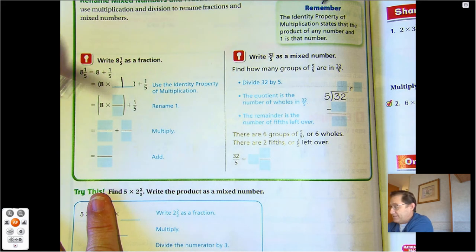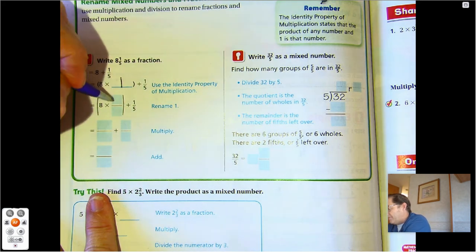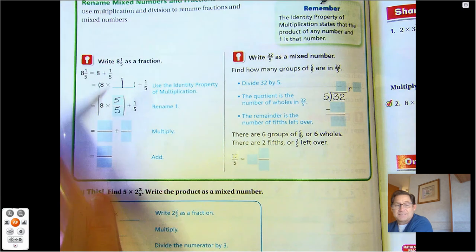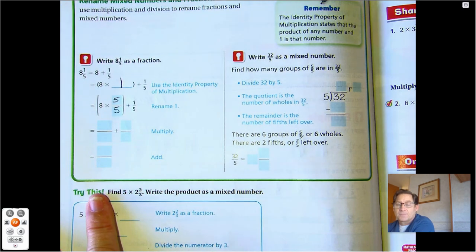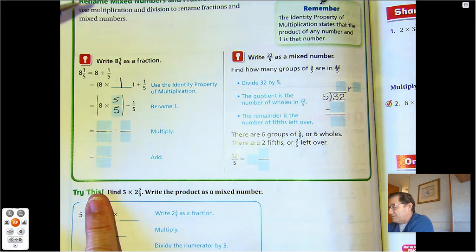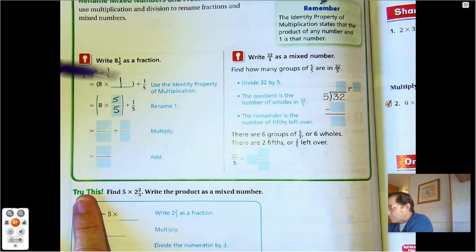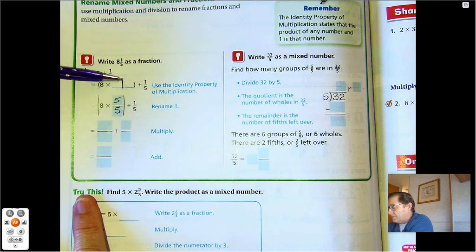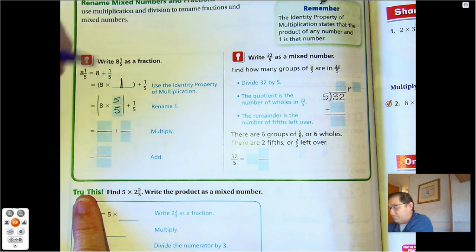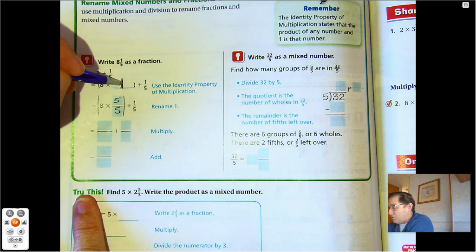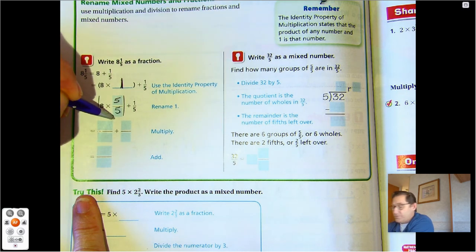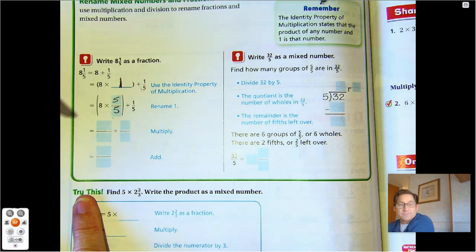What I'm doing is I'm going to now rename this 1 whole as the fraction. What would be the fraction in this problem? Well, it would be 5/5. Okay, 5/5 is 1, right? So again, I'm not going to change the value of the 8. I'm just going to rename it. Okay, so I took 8 times 1, which remains 8. I renamed the 1 as 5/5 using the fractional part here.